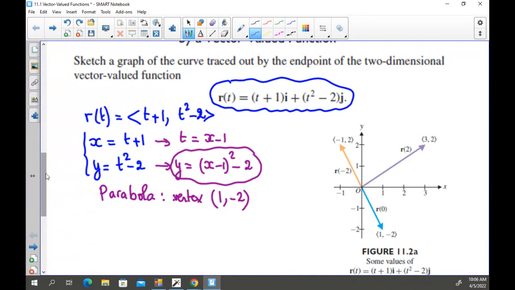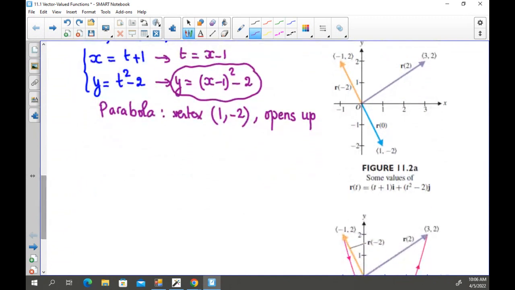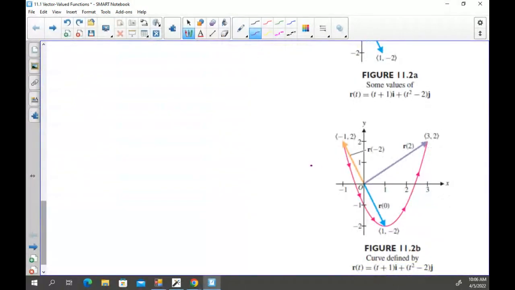And it opens up, yes, because the a is positive, yeah. And it is graphed here. You can see its graph is the red thing here, where the vertex is the point (1, minus 2), like this. And you have the graph of the function.